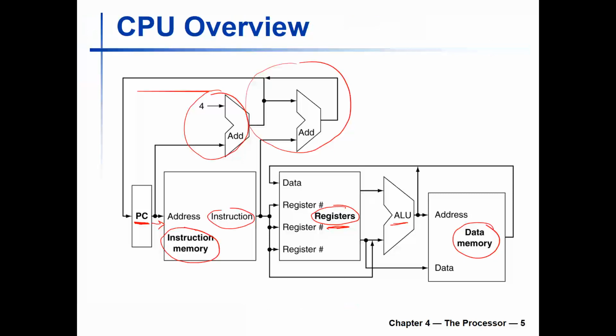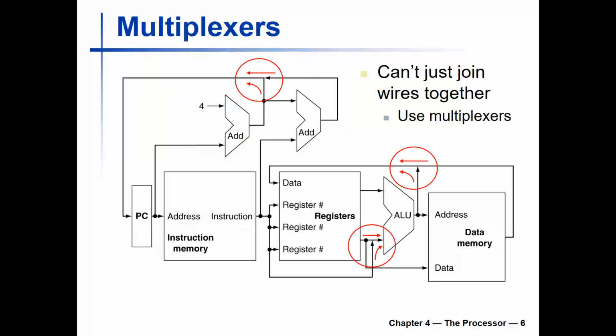Now, back to this image, we can improve on it and say that when we are updating the PC, yes, it's PC plus 4 here, but sometimes we need to have PC plus 4 and PC plus 4 plus offset, right?